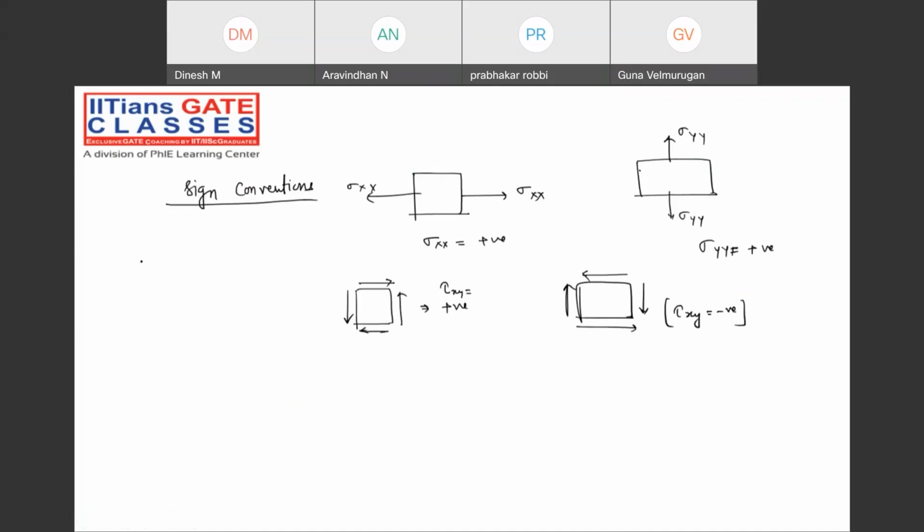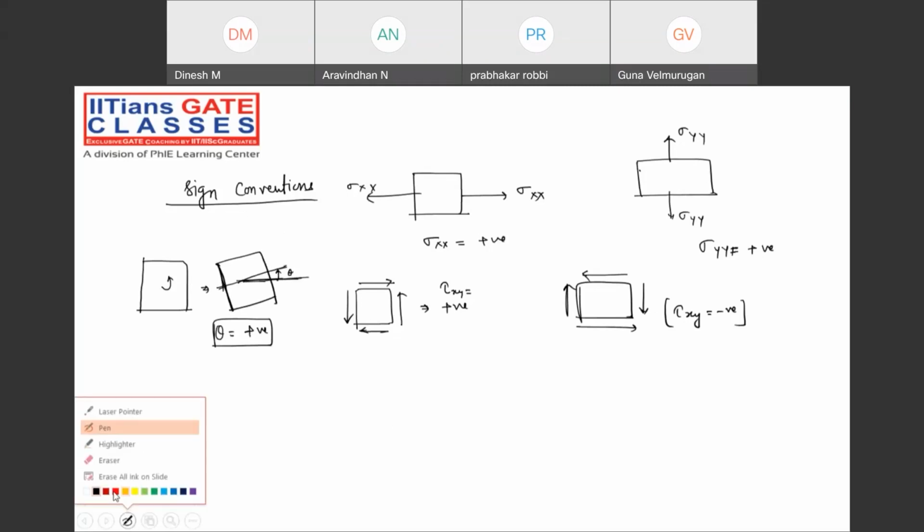And one more thing. Suppose you have rotated this element, this plane, by the angle theta in the anti-clockwise direction. Then theta will be called positive. You can calculate either from this horizontal, or, my dear friends, from the vertical also.